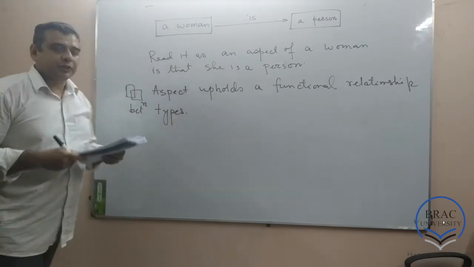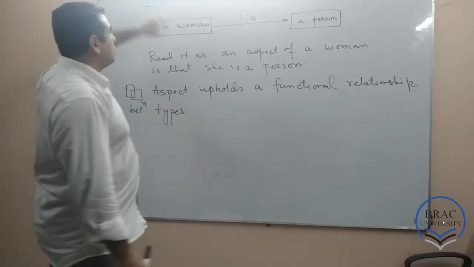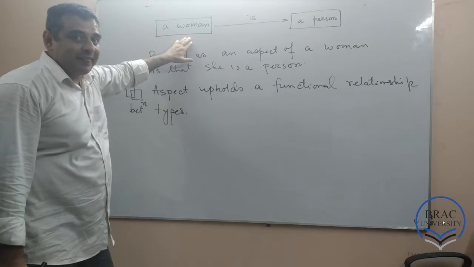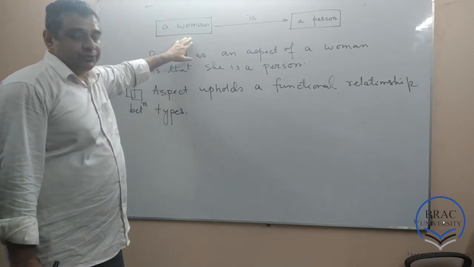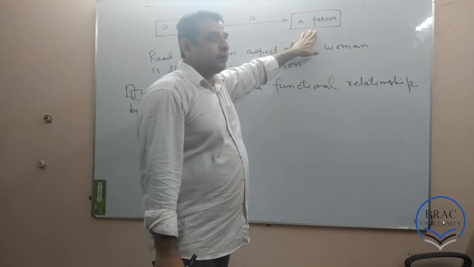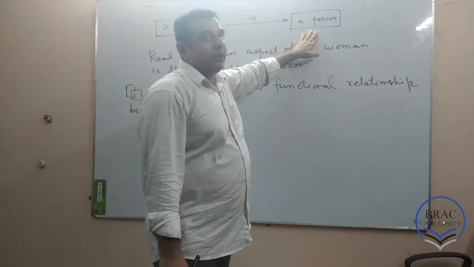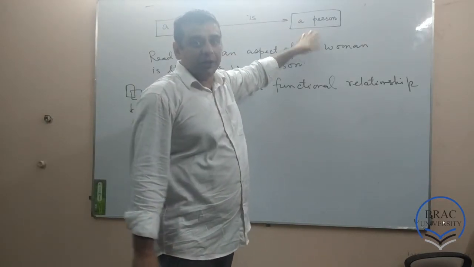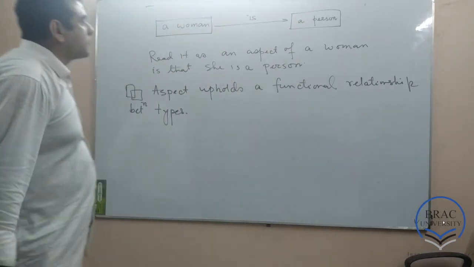Okay. But I told you earlier not to confuse a woman with the set of women, and not to confuse the type, a person, with the set of all persons. They are different. They are distinct notions.